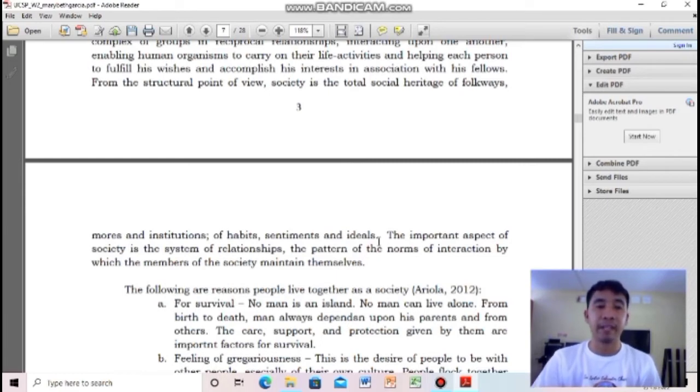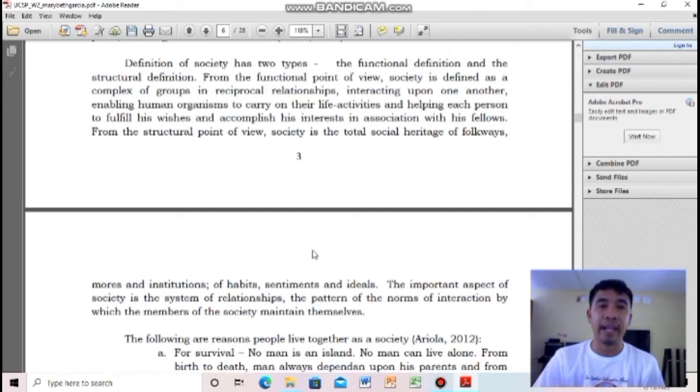The important aspect of society is the system of relationships, pattern of norms of interaction by which the members of society maintain themselves. So sa structural naman, ginahambal nga this is a total social heritage.